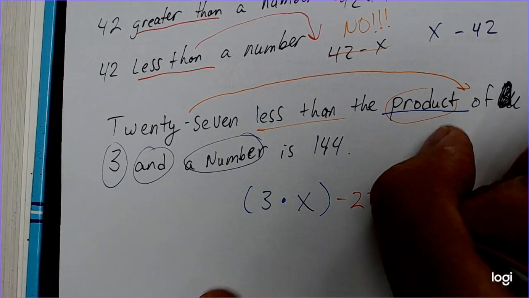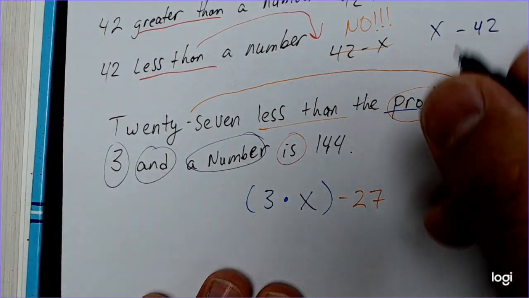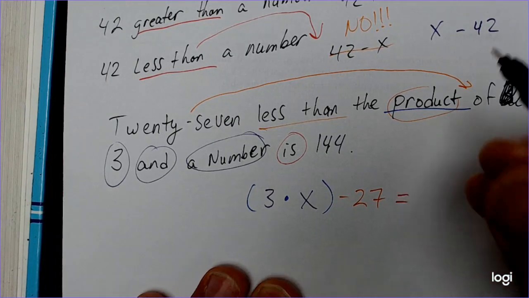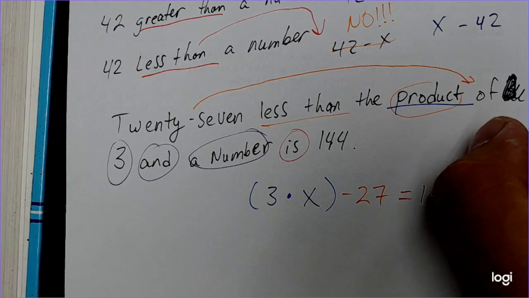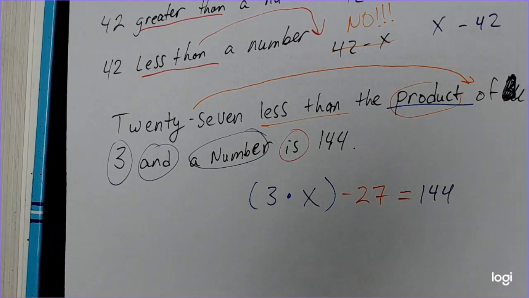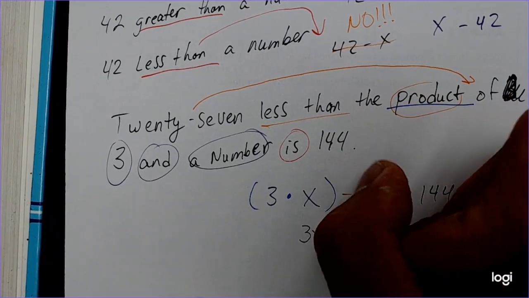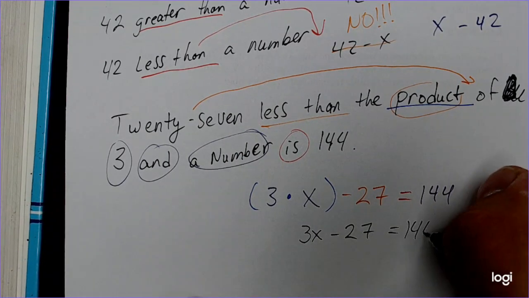It's minus 27. Now I come to the all-important is. So is right after all of this, equals, and then the number 144 simply just gets copied down, 144. Great. Now I have to see if I can write this any simpler. 3 times x I can just put as 3x, the minus 27, no change, and then equals 144, no change.